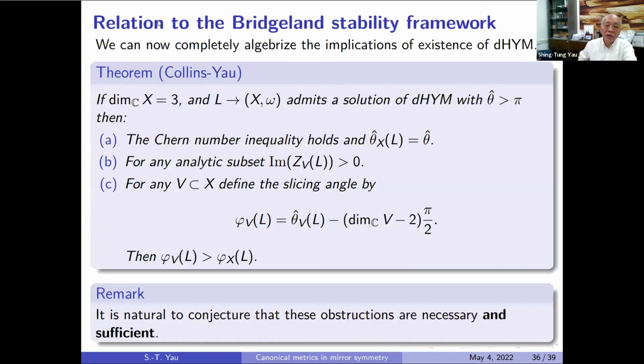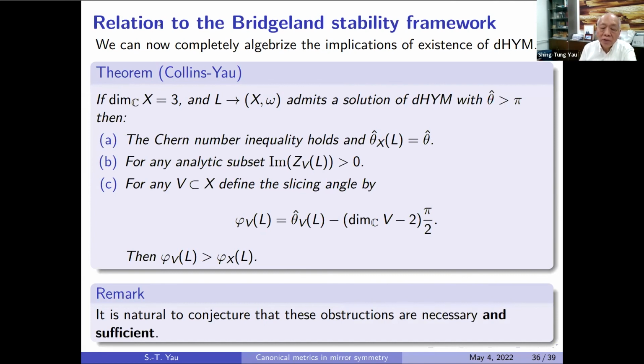Before doing that, I should say that this already is rather interesting for many questions in algebraic geometry, because existence of a solution of the deformed Hermitian-Yang-Mills condition can sometimes be found by brute force geometric reasoning.